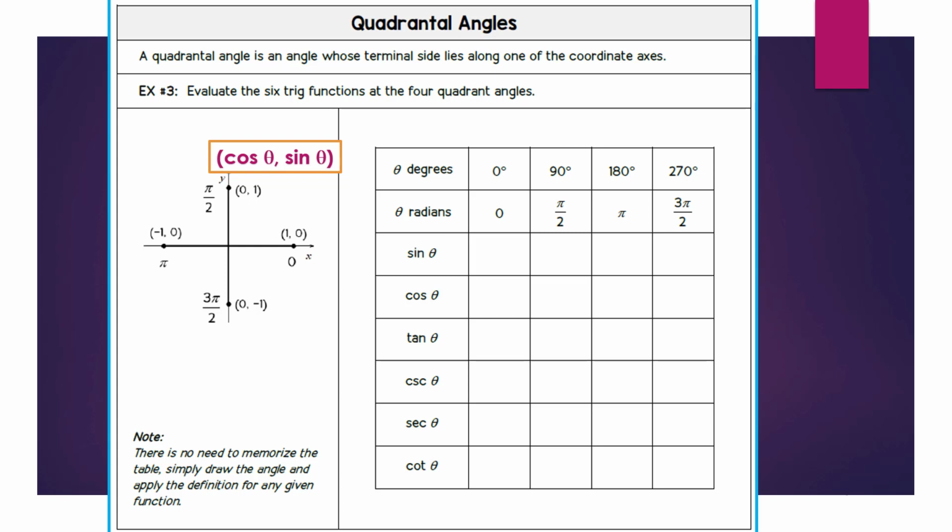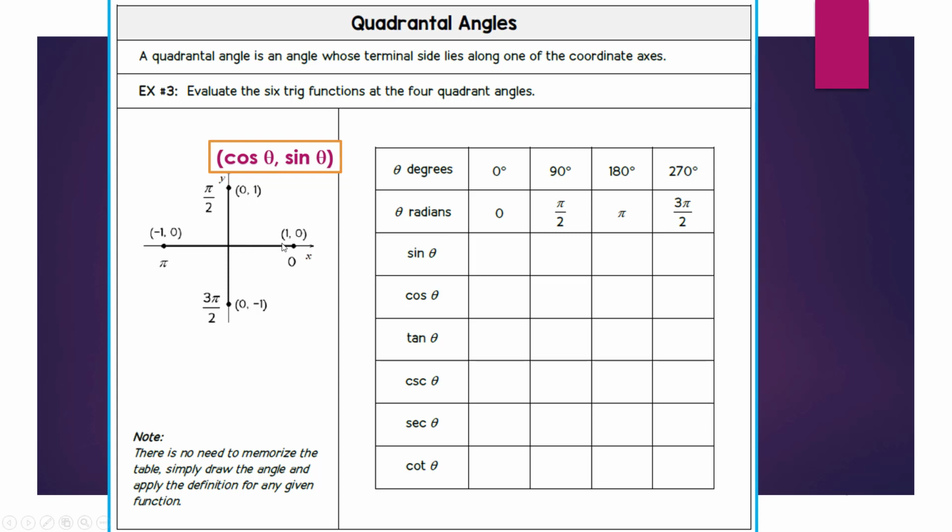How do we evaluate trigonometric functions for this type of angle? So notice, again, if we're on the unit circle, if I go out to 0 degrees or anything that's coterminal to it, again, 2 pi, 4 pi, 8 pi, we've talked about coterminal angles.